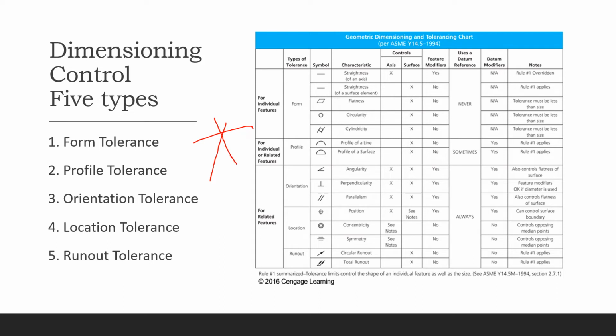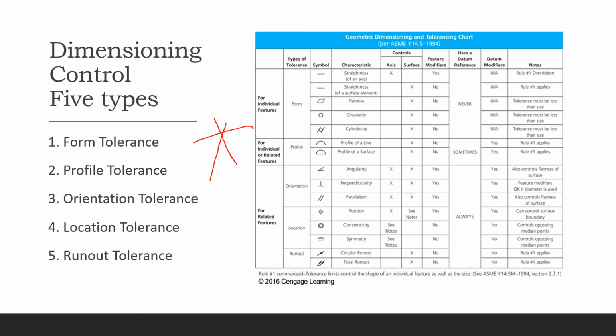So when you think about 360 degrees around, we're dealing with a runout, and since it is 360 degrees around, it's usually a control of a circular feature, but don't confuse it with the form, right? Circularity. That's more basic than that. This circular runout right there. And we also have a total runout.